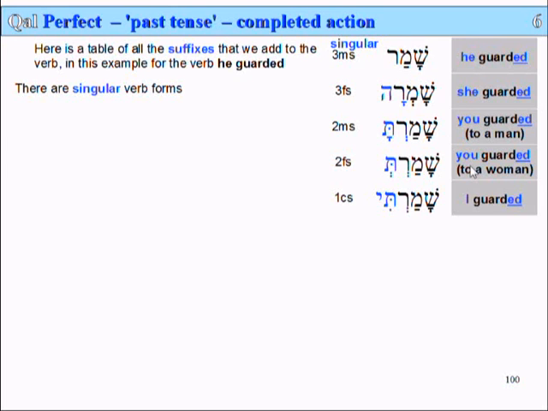They have separate words. We saw those, the object marker preposition in the previous lesson.